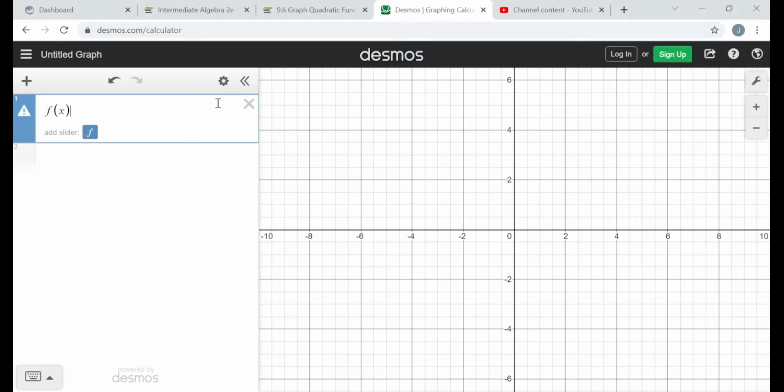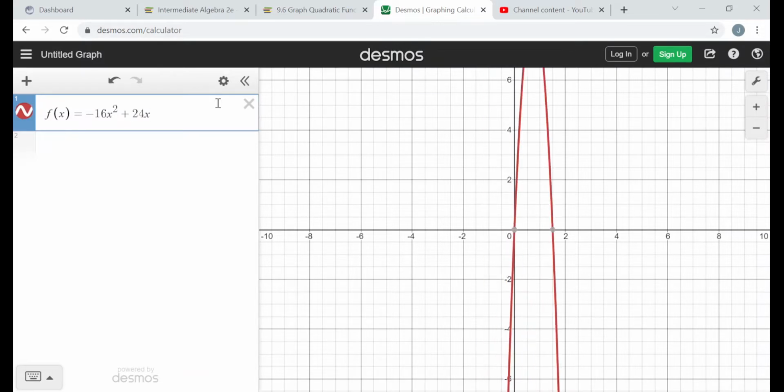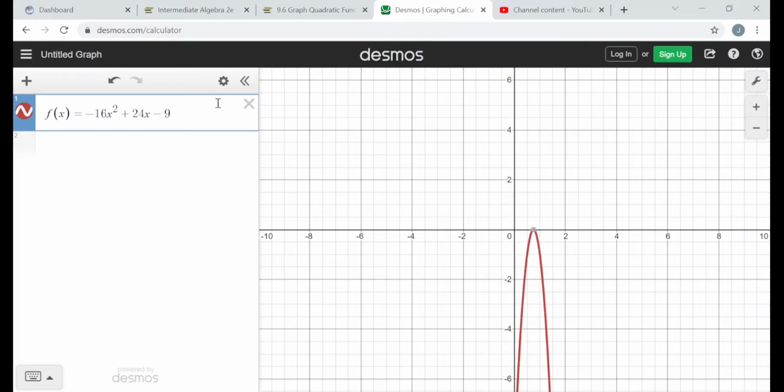So f of x equals negative 16 times x squared plus 24x minus 9. And look, 0.75, comma 0 for the vertex and the x-intercept, which is 3/4, comma 0, which is what we had.